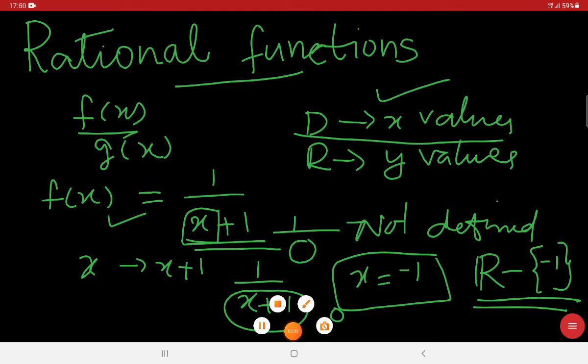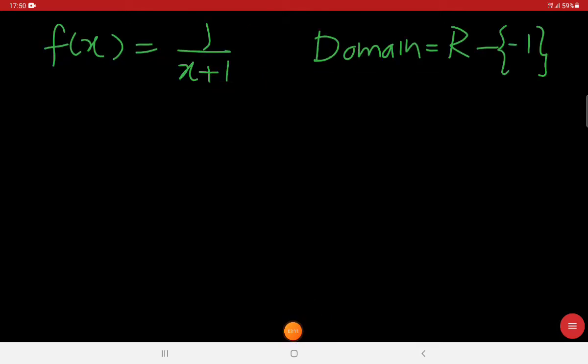Now we have to find the range of the function. So in order to get the domain, you just go through the denominator. At what value of x the denominator becomes 0, that number you have to remove from the set of real numbers. That is the domain. Now we have to find the range.